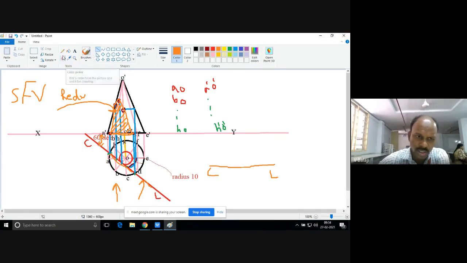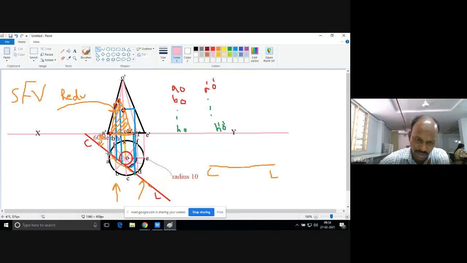We need to draw perpendiculars from these cutting points. The 1, 2, 3, 4, 5 green points we have already noted, right? We draw perpendicular lines from those points perpendicular to this cutting line, the cutting plane. Like this. So observe what I am doing.